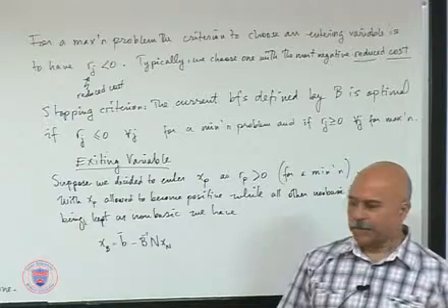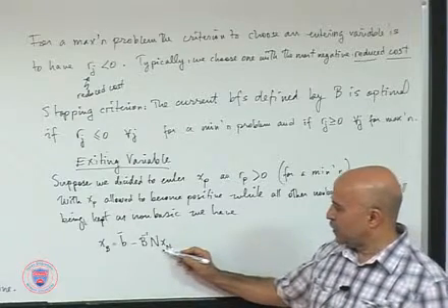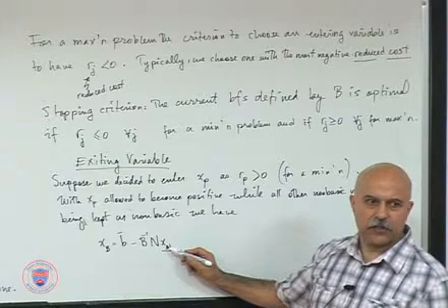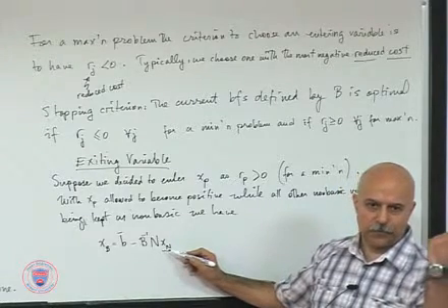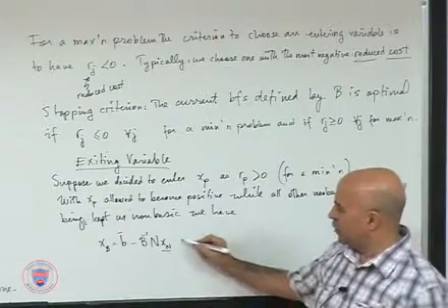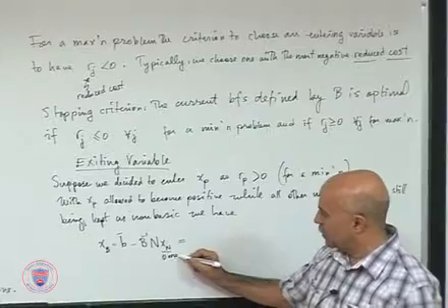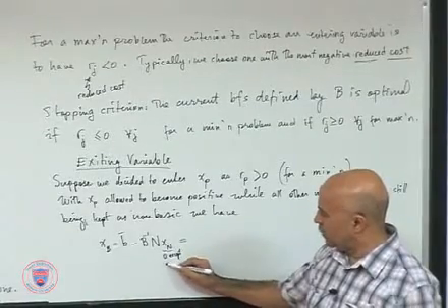Now all xj's are 0 here except for one of them, so this is 0 except the variable xp.